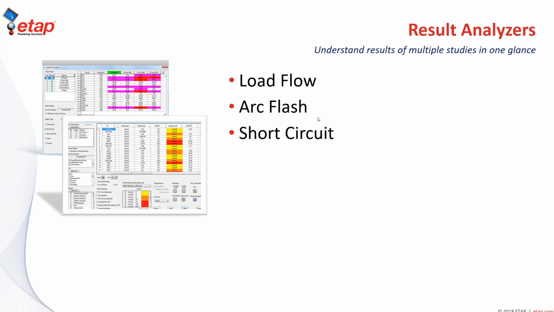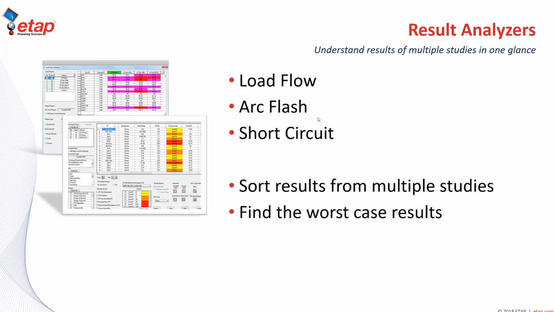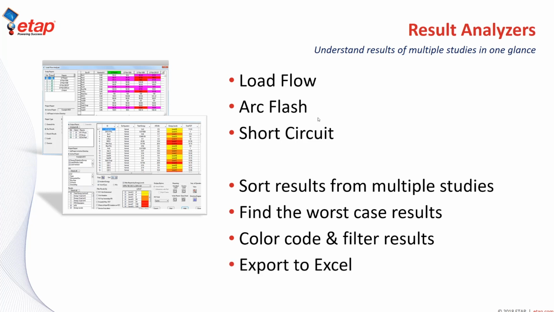Well, that can be done through the result analyzers that are available in these modules, where you can sort results from multiple studies. You can find the worst case results, color code and filter the analysis results, and finally export the requisite information over to Excel for including into your study report. So let's see a demonstration of this in ETAP very quickly.